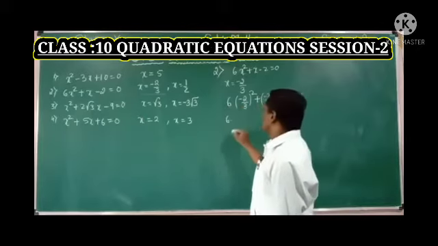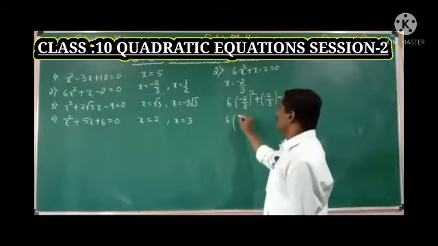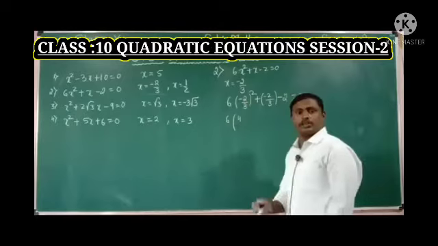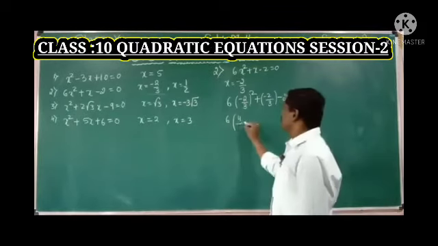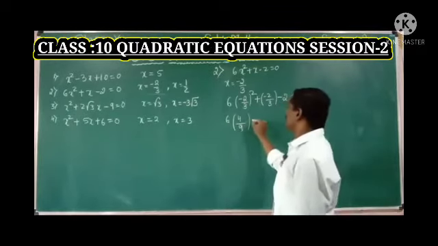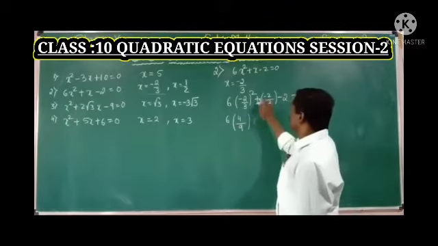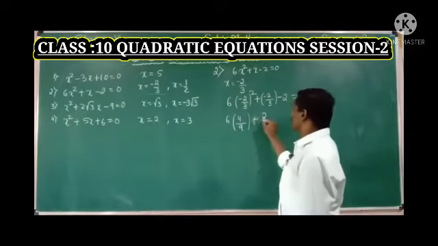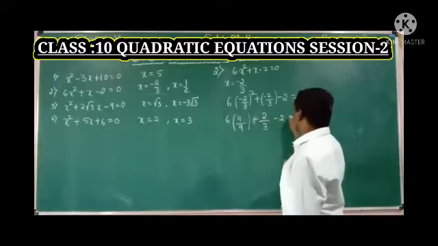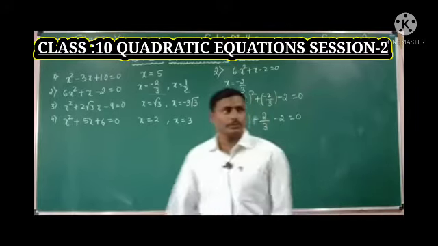Now write this 6 as it is. Minus 2 square is 4, and 3 square is 9, plus minus 2 by 3, minus 2, which is equal to 0.